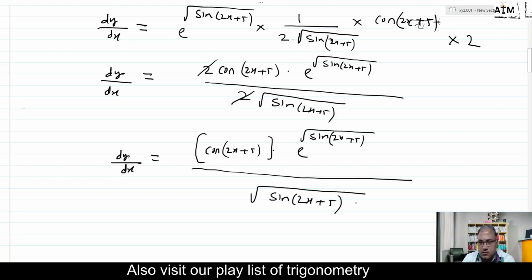This is the required result. Thus, the chain rule can be extended to any number of composite functions. Whether it is a doubly composite function, a triple composite function, or n composite functions, it can be easily extended. Let us do one more problem for better understanding.